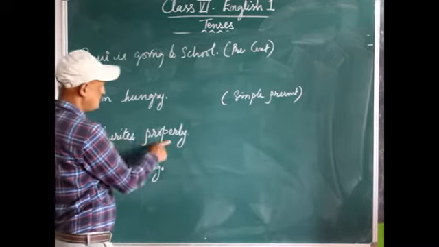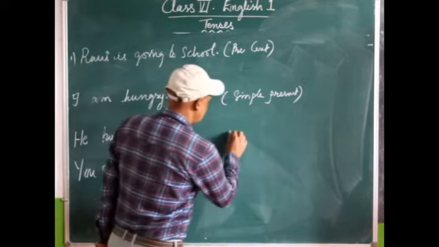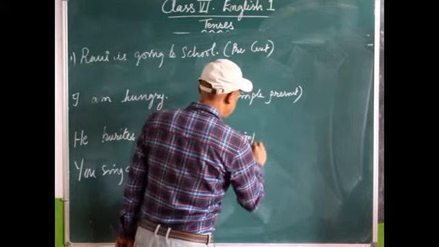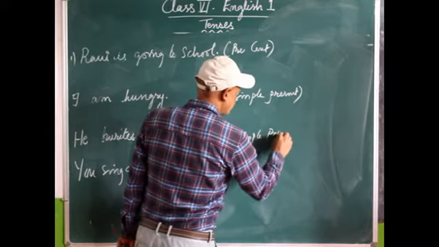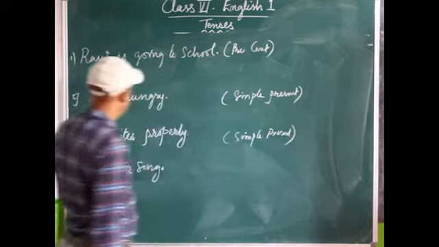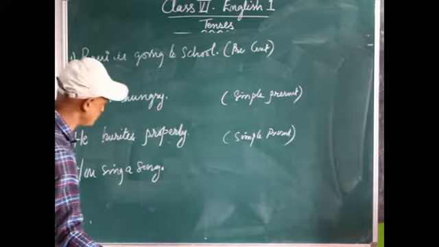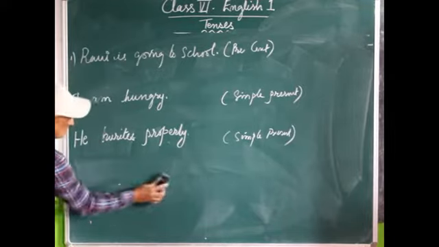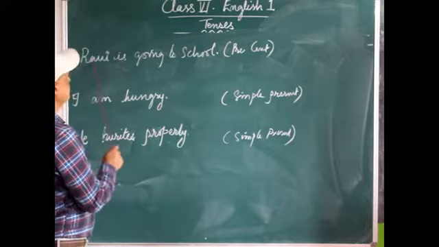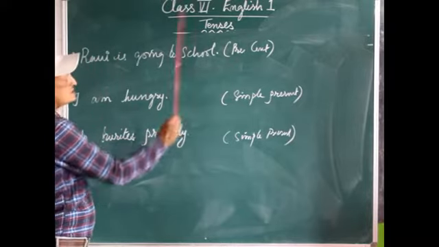What is it? Again we have simple present. You sing a song. This is also in the simple present. First let us do this, then we go to the third one. Now we identified it. This is in the present continuous.